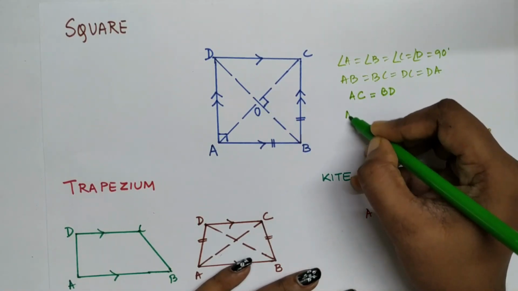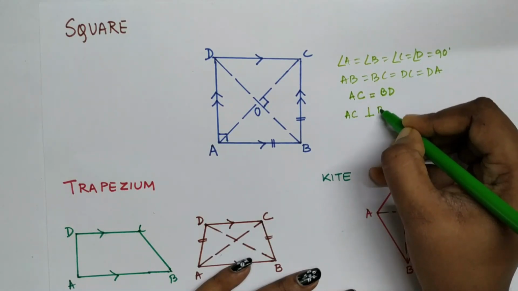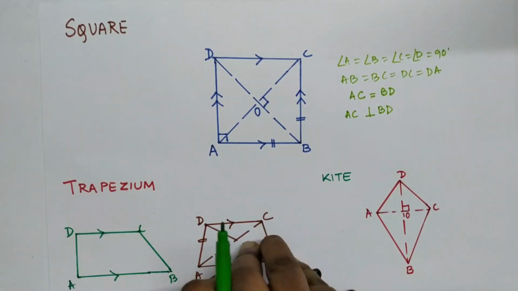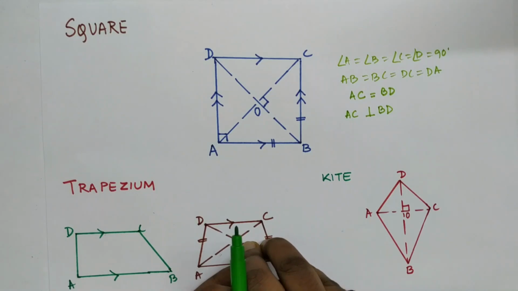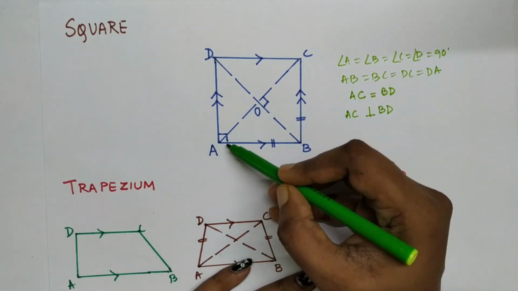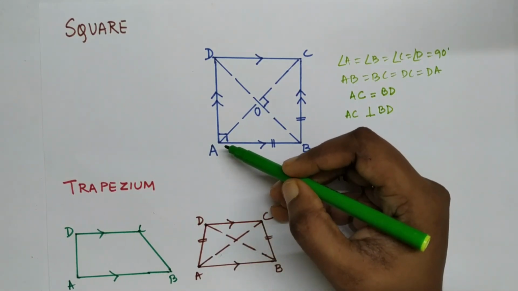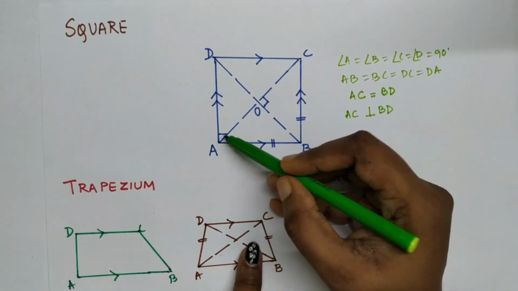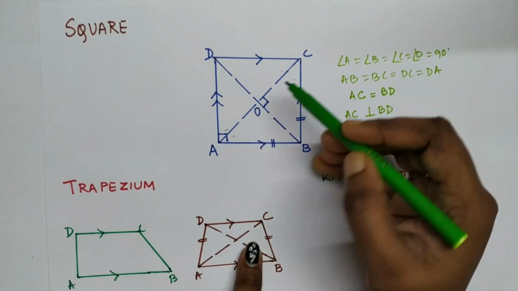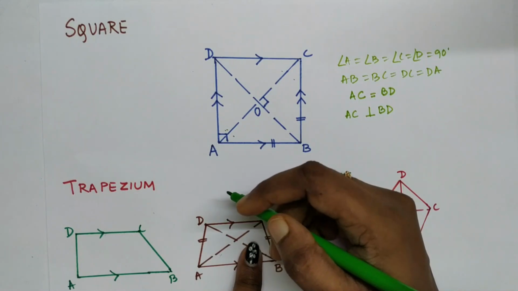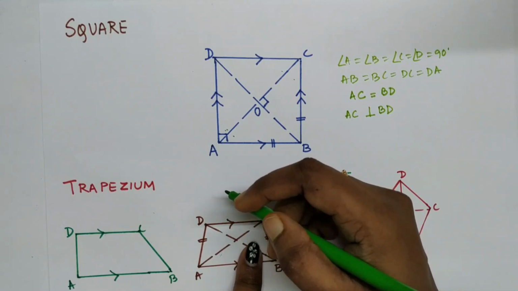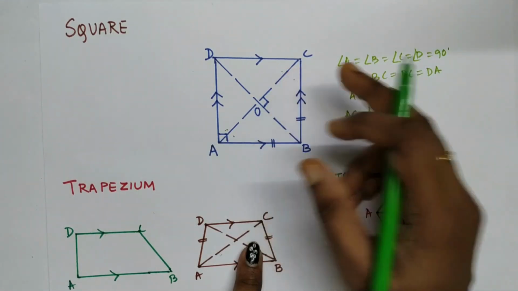So I can say that AC is perpendicular to BD. And the last property is that the diagonals bisect the angles of a square. So here again the angles are divided into equal halves because of the diagonals.